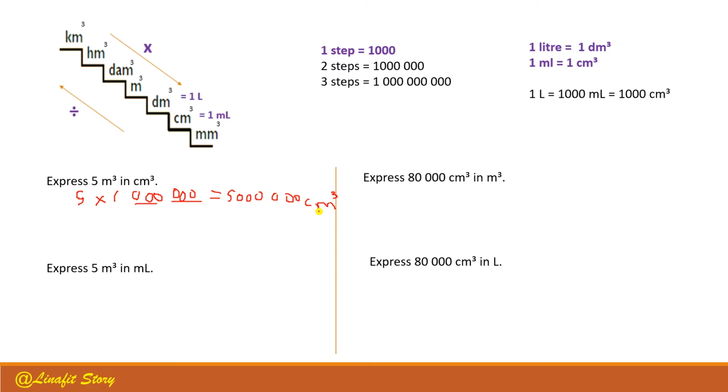And then express 5 cubic meter in milliliter. 1 milliliter is equal to 1 cubic cm. So 5 cubic meters is equal to 5 million milliliters.